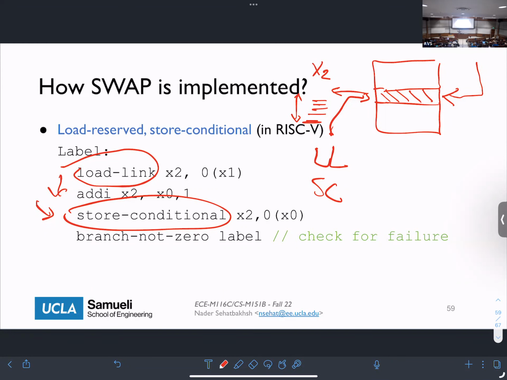If somebody else has updated this, then I cannot write to it because somebody else already did that, okay? And this line is actually your lock, okay? So basically what this says is that if you're reading your lock, and if somebody else, during that process of reading and changing things and writing back to the lock again, changes the lock, then what you read was invalid. You need to just discard it.